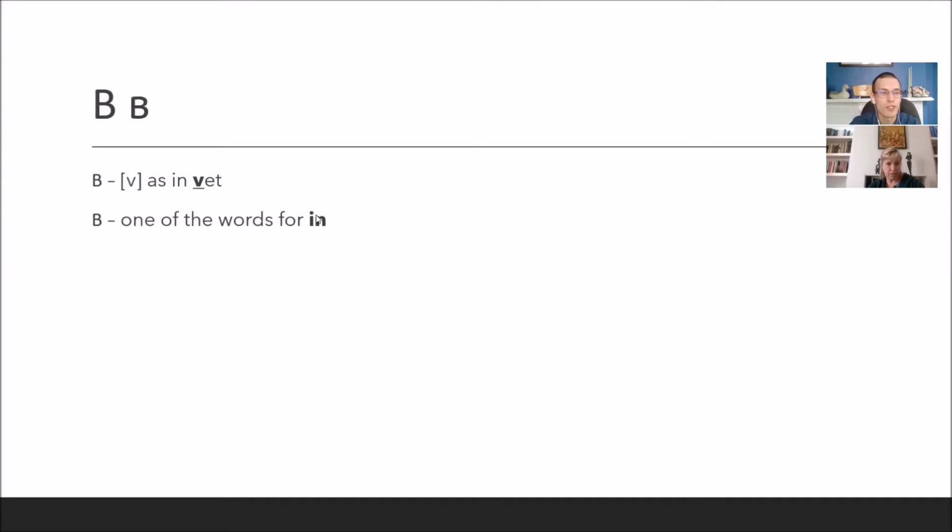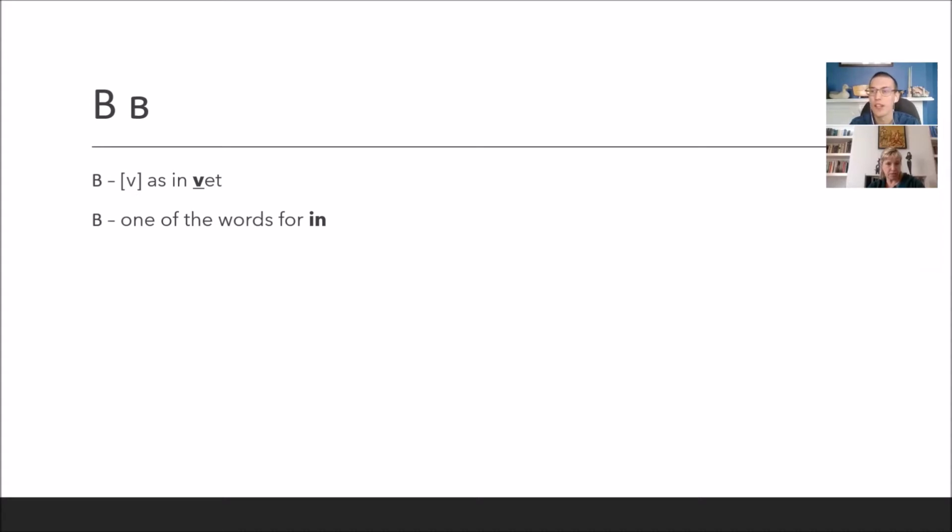So first, there is letter V. As you can see, the uppercase and lowercase. V, as in vet. Yeah, it's not W, it's V. And V itself is a word that means in.